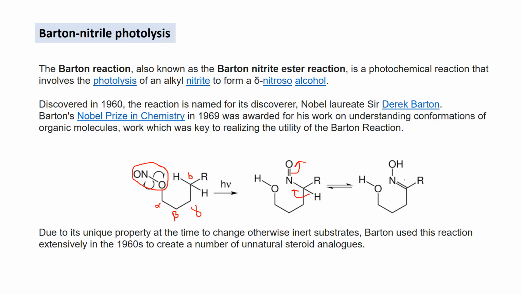You can make it a ketone, and after the ketone you can make it a double bond, CH2, anywhere. So by this process you can functionalize a remote C-H bond. Due to this unique property of changing otherwise inert substrates, Barton used this reaction extensively in the 1960s to create a number of unnatural steroid analogues.